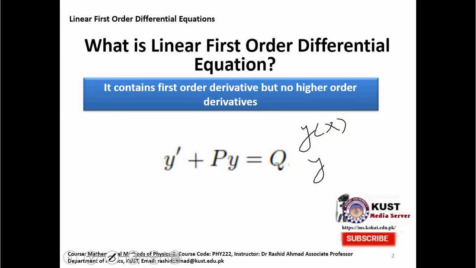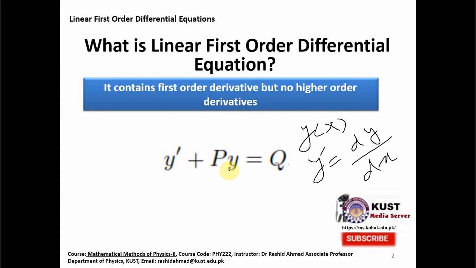So y prime means dy by dx, the derivative of y with respect to x. You see that the first term contains only one derivative, that is d by dx of y, and no higher order derivatives are involved in the first term.